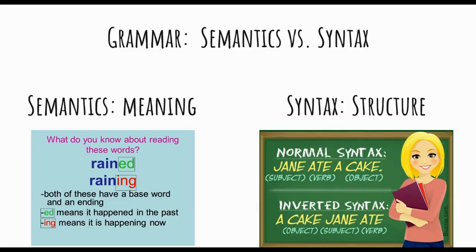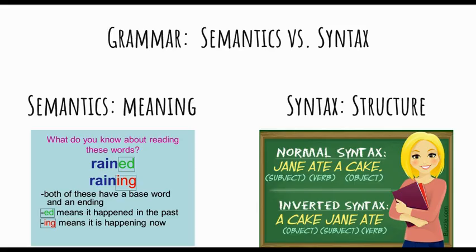There's also syntax, which is grammar structure, about in what way we put the order of words when we are writing. So in English, we would say Jane ate a cake. We wouldn't say a cake Jane ate, because that's not proper syntax. That's not proper structure of words in our English language.